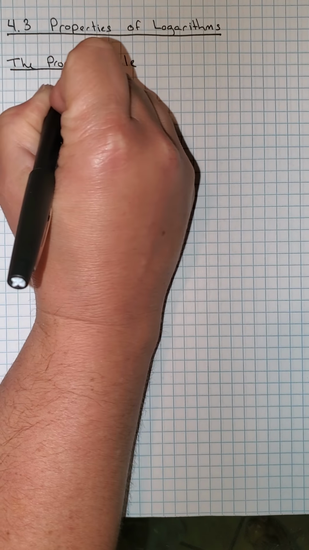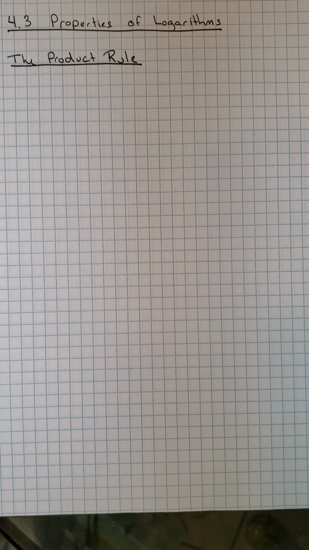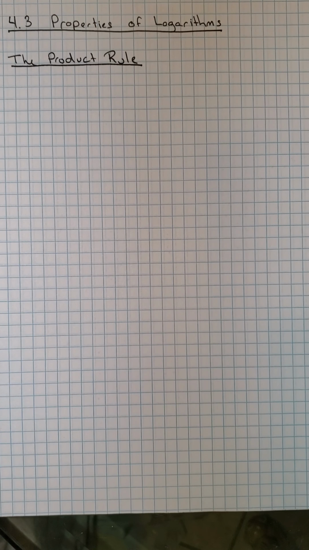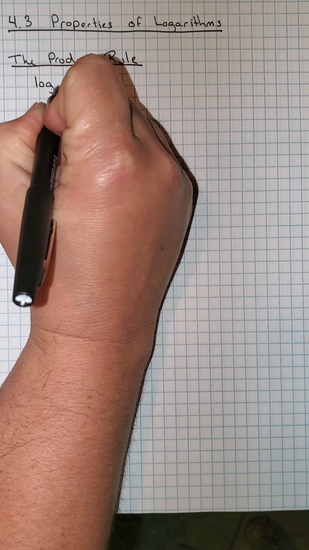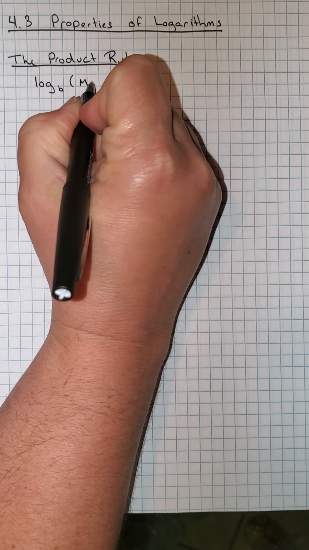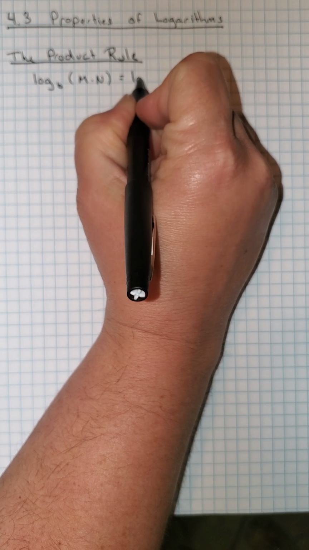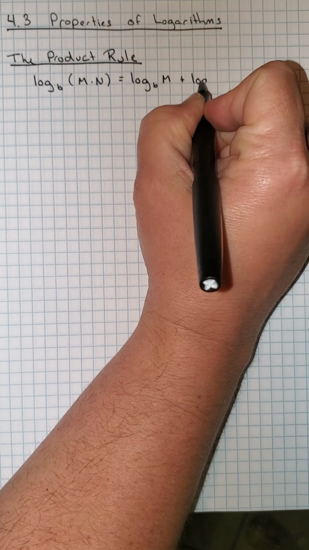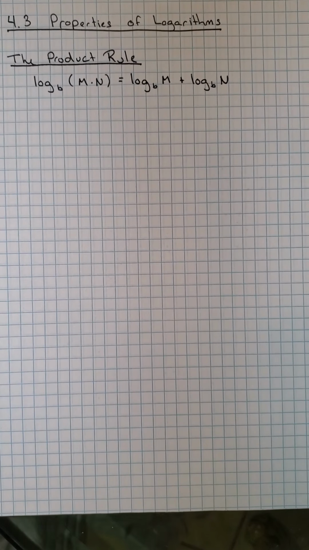And if you remember in the last video, I said logarithms are just another way of writing exponents. And remember, when you multiply like bases, you add the exponents? Same thing here. So if you're doing log base b of 2 things, I'll just use the book's notation m times n, then that would equal log base b of m plus log base b of n, because you're adding the exponents.